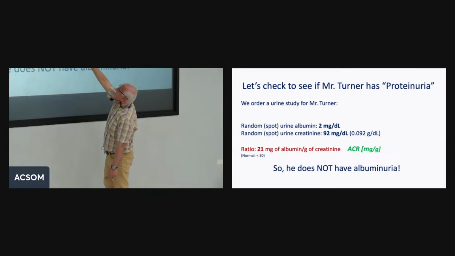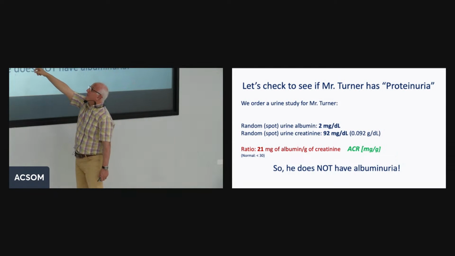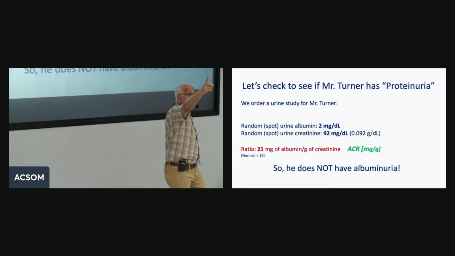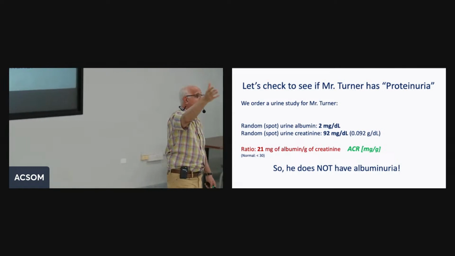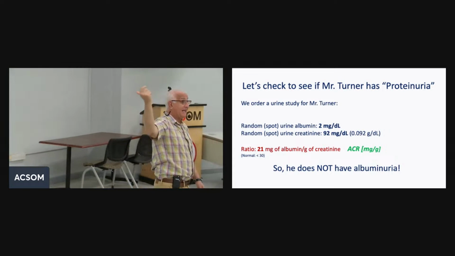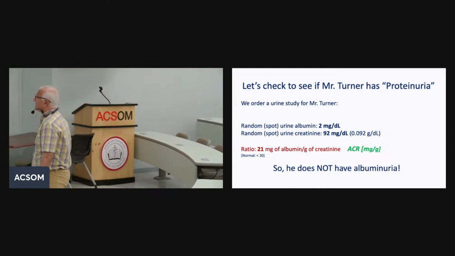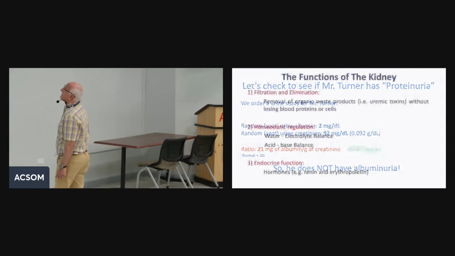So 2 is not divided by 92. 2 is divided by 0.092. We do it and it comes out 21. Since it is less than 30, he's in good shape. He had good filtration. His GFR was, I don't know, 95, 100, really good. And he's not losing protein, right? Proteinuria, the first sign of glomerular disease. He does not have protein.